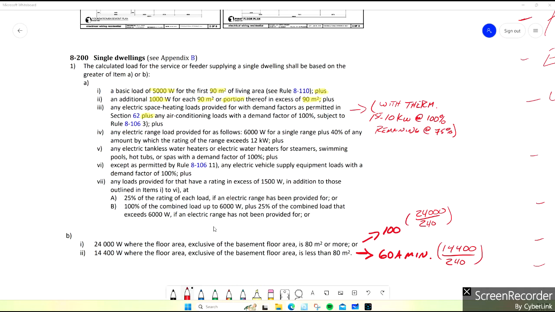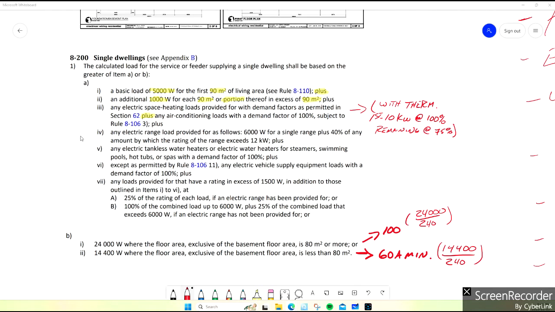So when you have an air conditioner and electric heater in the same residence, you determine which one is the greater load, and that's the one you include. The other one doesn't have to be factored in because both are never going to be running at the same time. They're interlocked by your thermostat. It's either your heating or your cooling. You can't have both.